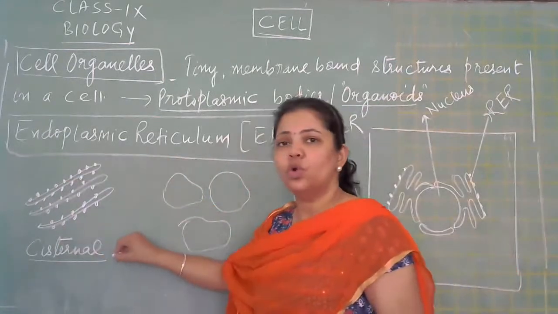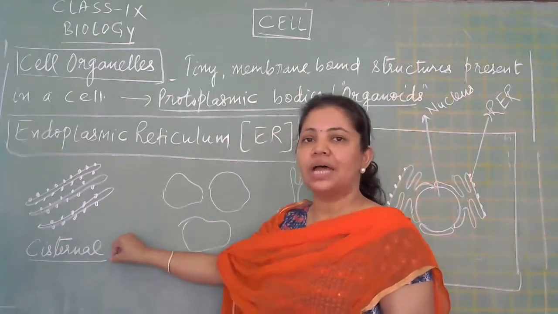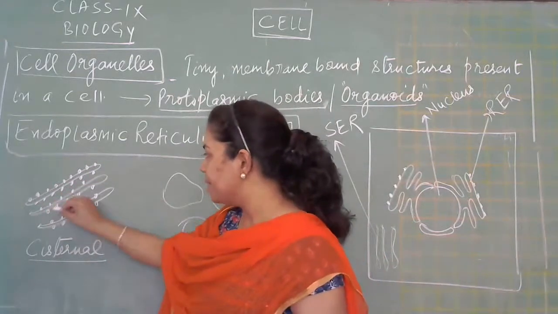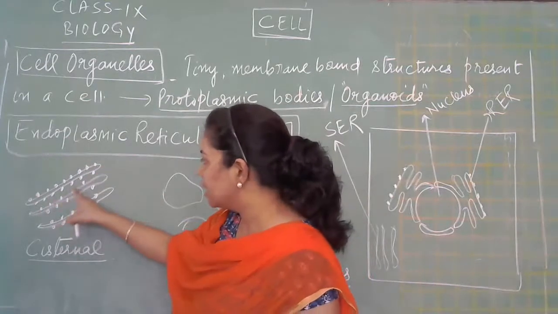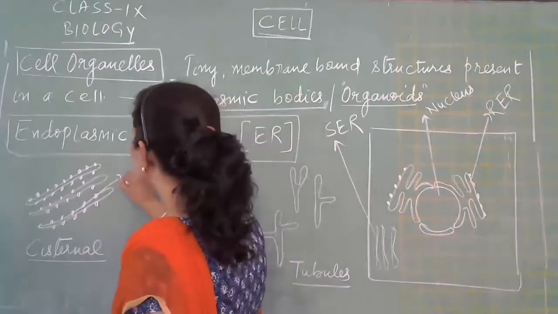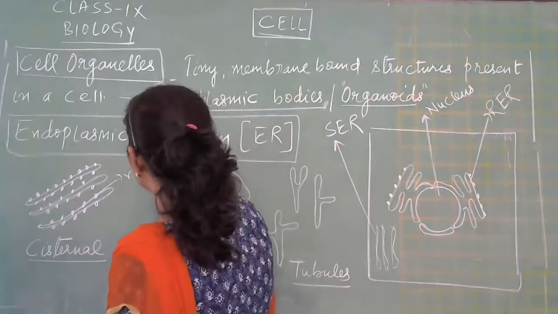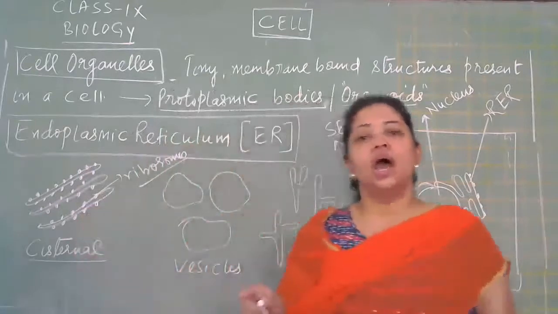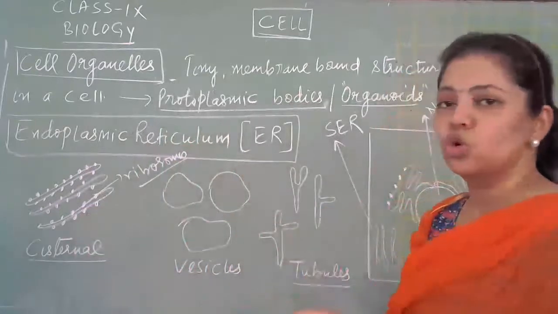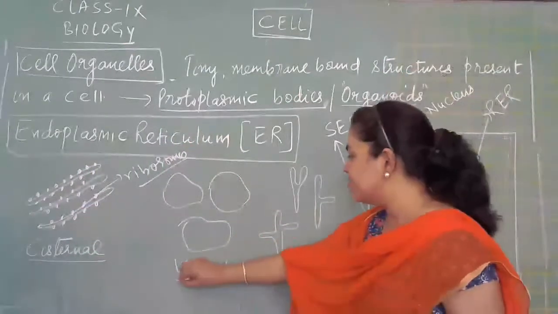Now, if you have a look at cisternae, these are membrane-bound tube-like structures, and their membrane is studded with ribosomes. Yes, over the membrane of cisternae are present ribosomes, right? Then come the vesicles.